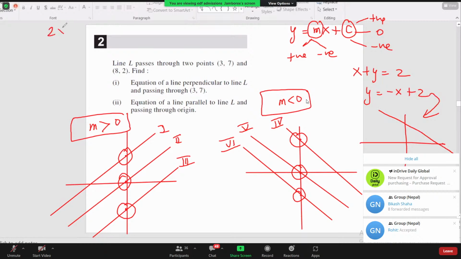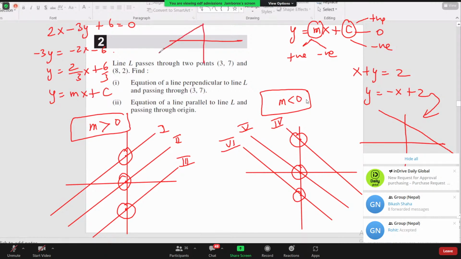Similarly, had it been 2x minus 3y plus 6 is equal to 0, I would have simply written it as minus 3y is equal to minus 2x minus 6. So y will be equal to 2 by 3 x plus 6 by 3. And now I get to know that it has a positive slope with positive y-intercept. So a positive slope with positive y-intercept will be this particular line.